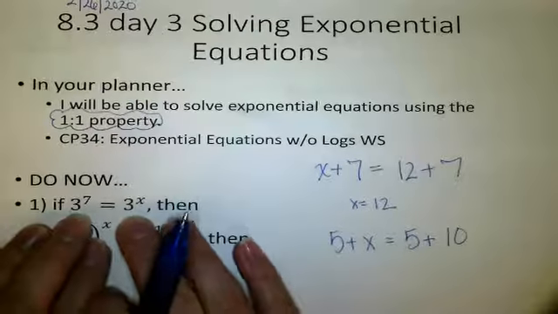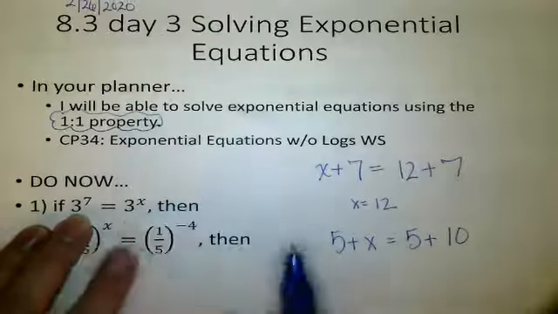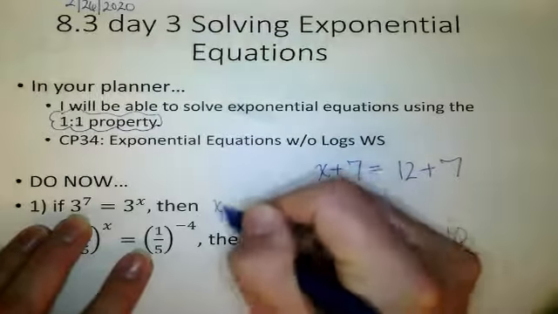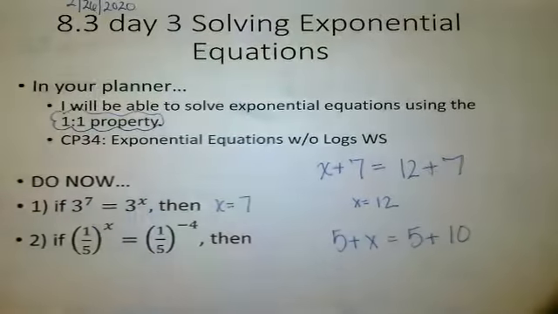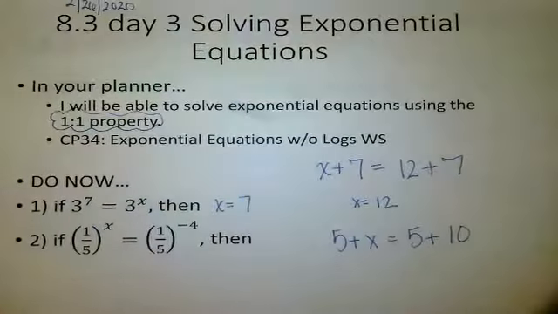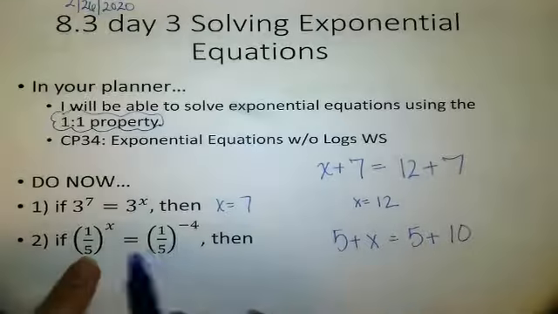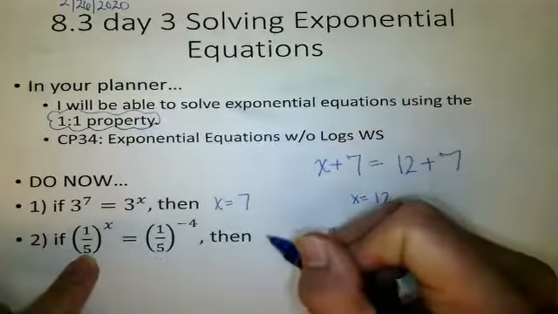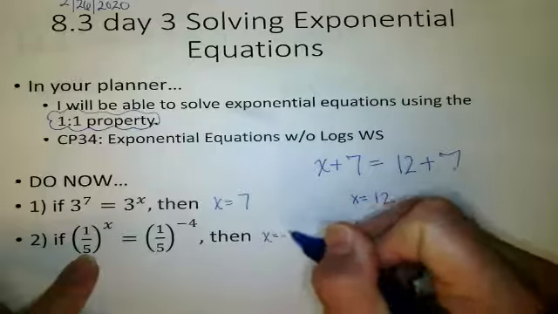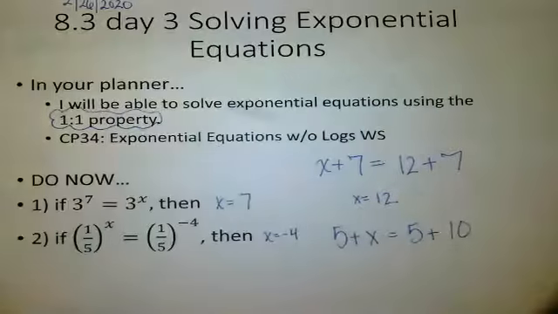If this statement is equal, then what's x? X equals 7. If x is replaced with a 7, are they the same? Yes, they are. Okay. If 1/5 to the x equals 1/5 to the negative 4, then x equals negative 4. Don't overthink it.